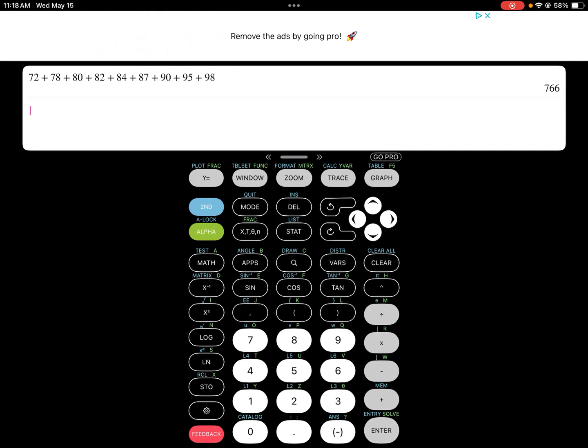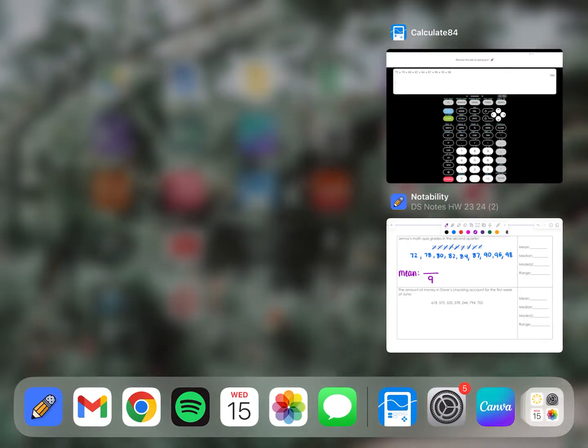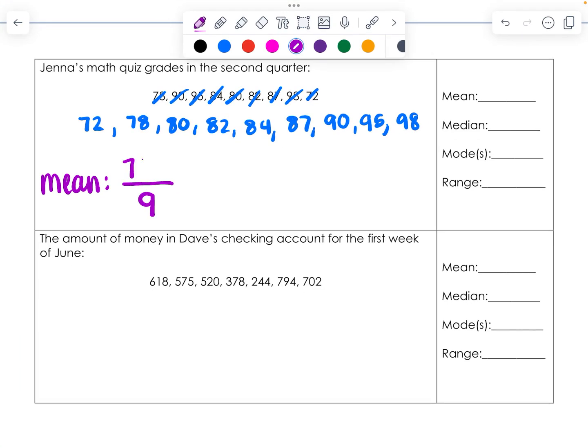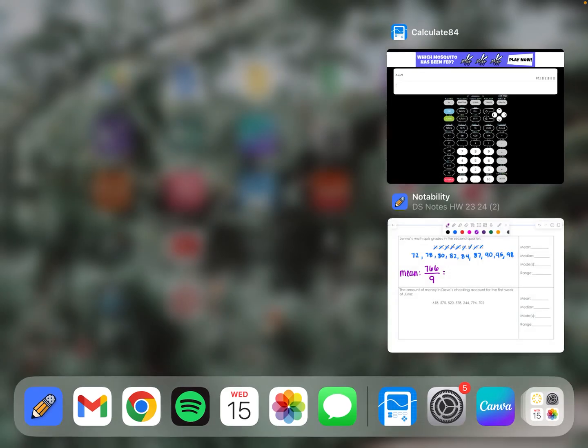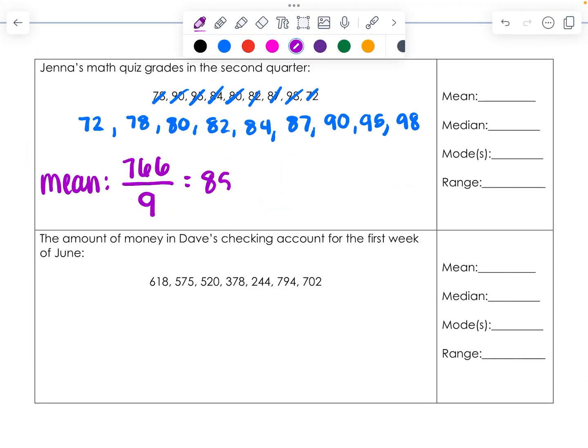And I do have all 9 terms there. I counted. I have 9 numbers. So the sum of all of them is 766. And then I'm going to divide 766 by 9. And that gives me 85.1 as my mean.